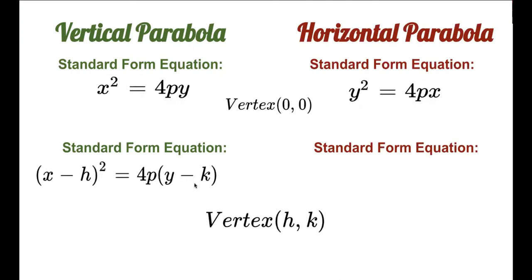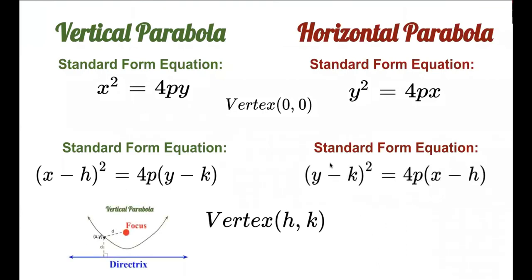So the same idea is going to continue. We're just moving in the direction of H for our X value, and in the direction of K for our Y value. Very similar to the transformations that we did, yet a little bit different. All right, let's go on with our horizontal parabola. And here's our beautiful picture.